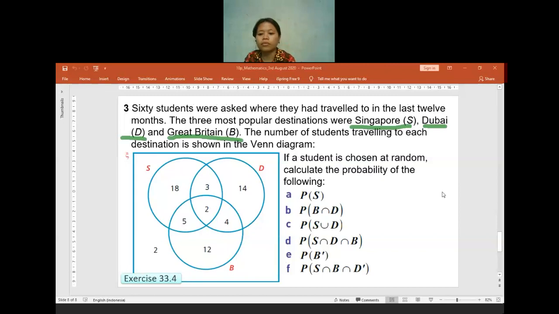Now for question 3A, probability of S. How many students went to Singapore in the last 12 months? 28. Someone told me 28. How did you get 28? 18 plus 5 plus 2 plus 3.